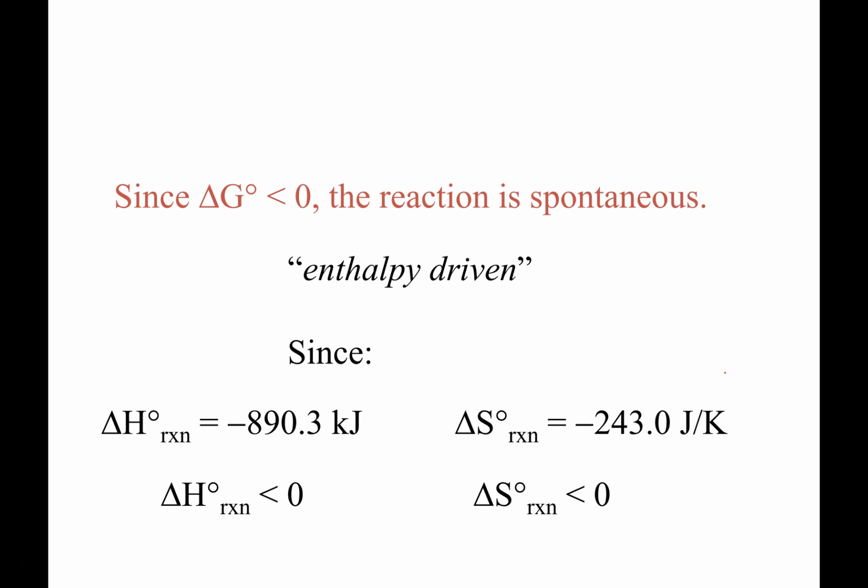But the entropy being negative, forming more order, actually disfavored spontaneity. So the fact that the delta G was negative means not only was it spontaneous, but it was driven by the enthalpy, the delta H term, not the delta S term. So whichever one favors the spontaneity, that's what drives it. Yep, that's the driver.